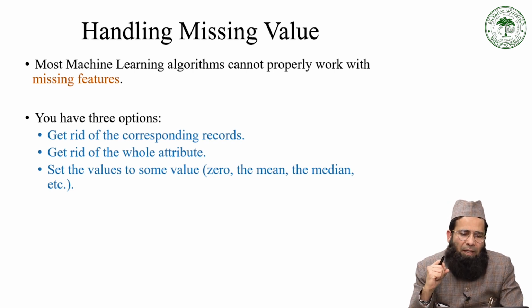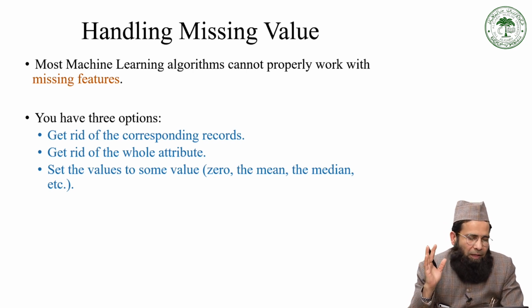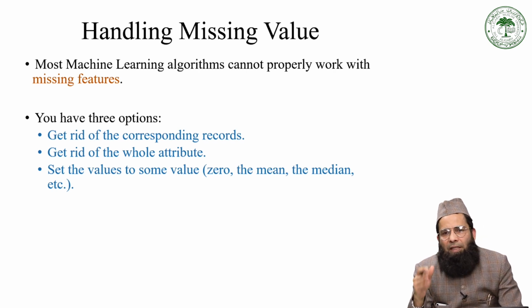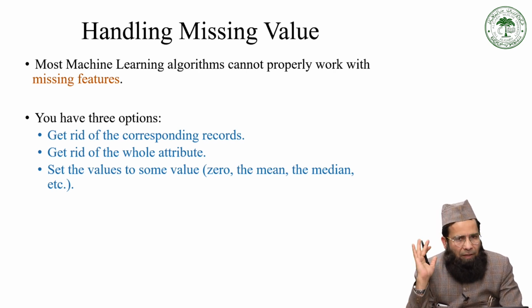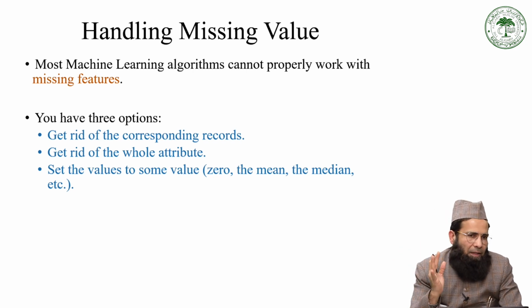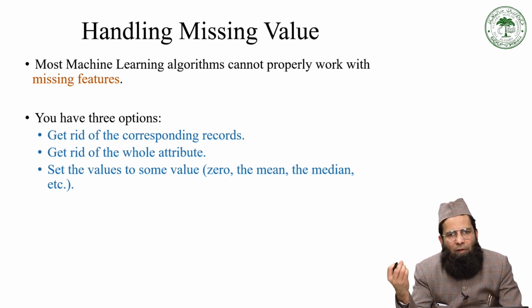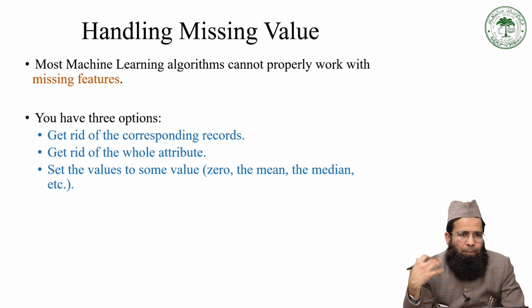The other way is to get rid of the whole attribute, the independent variable in which there are missing values, by deleting that column. Again, this is not feasible when your dataset has only a few features.